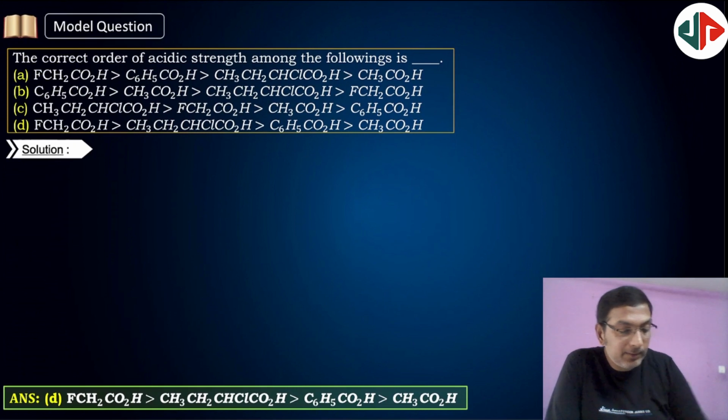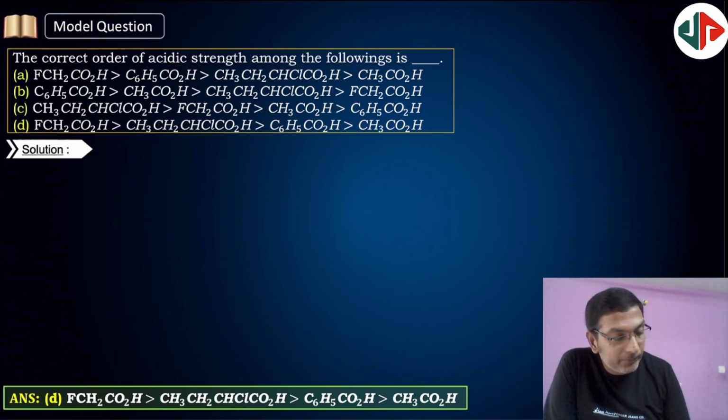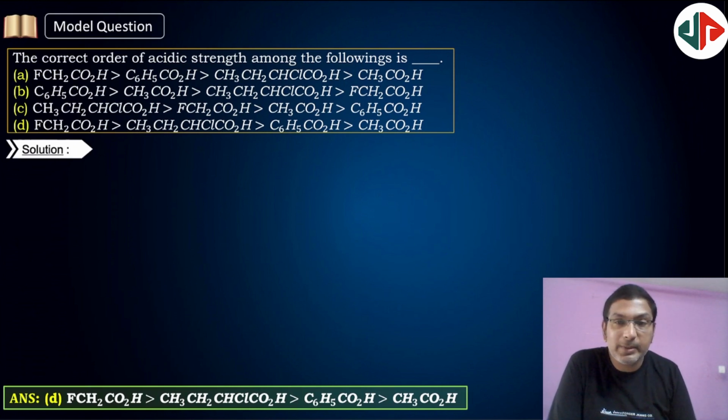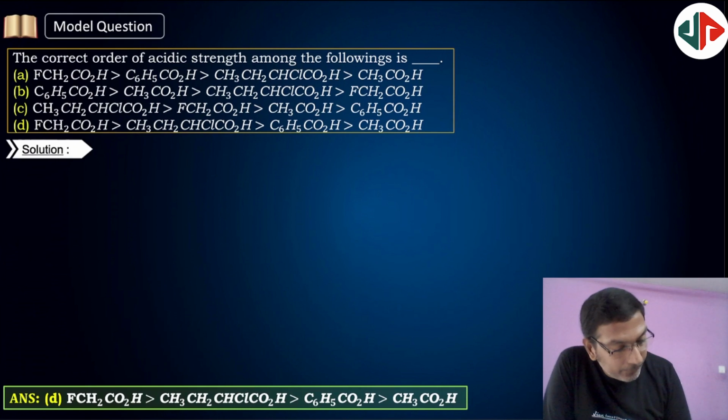The correct order of acidic strength of the following. If electron withdrawing groups are attached to COOH, then that becomes more acidic. If COOH is attached to an electron withdrawing group, electrons will be migrating like this.